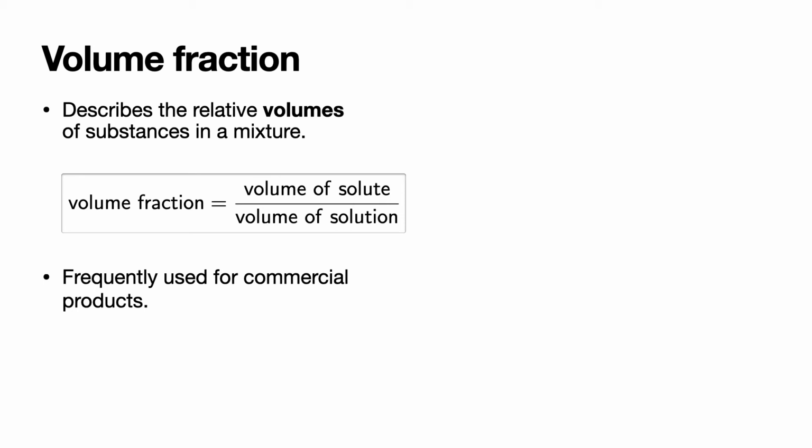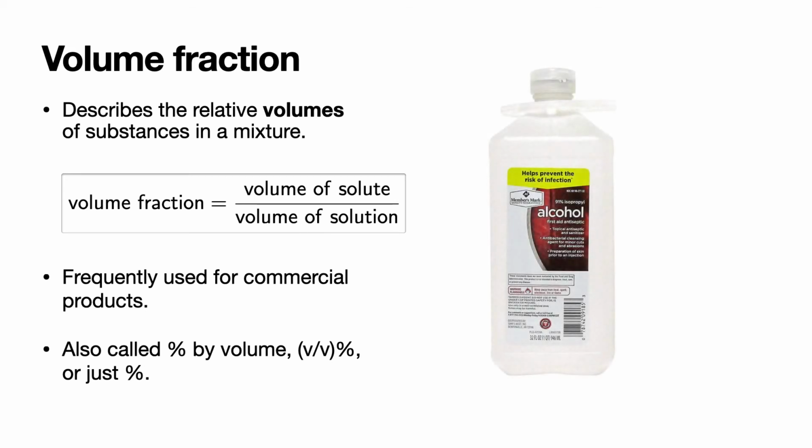It's often used in situations where the way that you make the solution is by mixing together predetermined volumes of different components. And you'll see volume fraction sometimes referred to as percent by volume, or volume per volume percent, or just percentage.